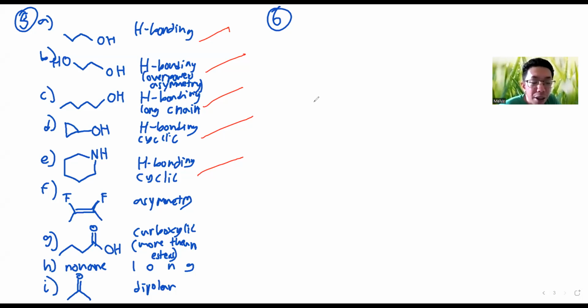But the question here is why does the cis form have a higher or stronger IMFA compared to your trans form? Why do you think is the reason? So actually you're correct na eh. So asymmetric siya. Medyo close. Pero bakit? Ano bang meron kapag asymmetric ang molecule?